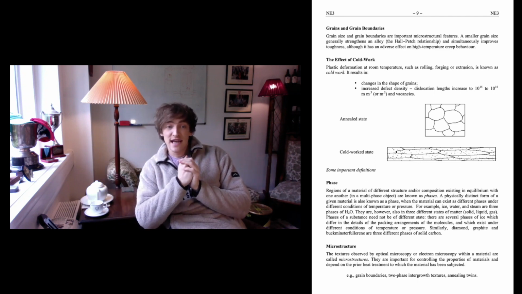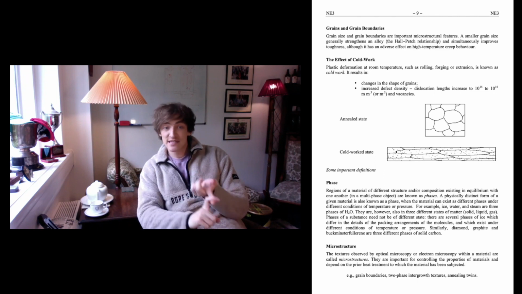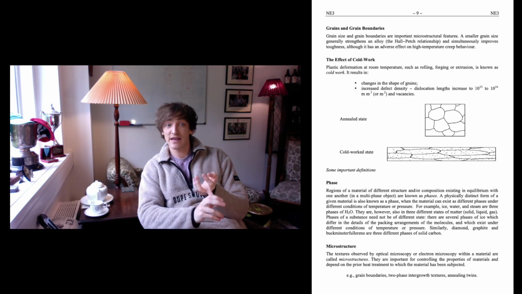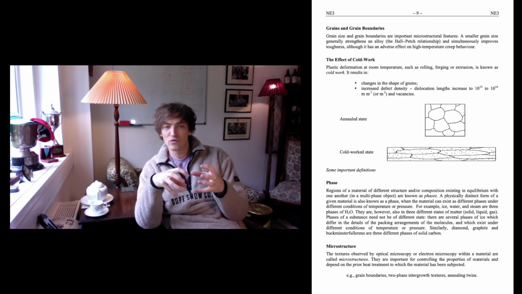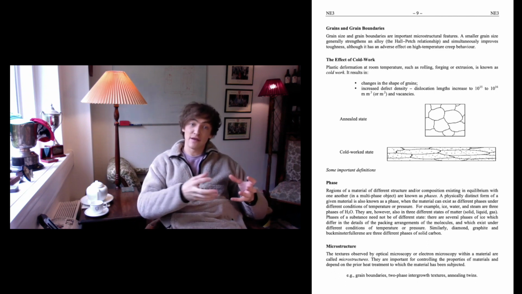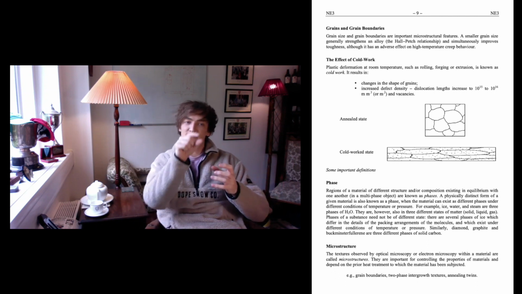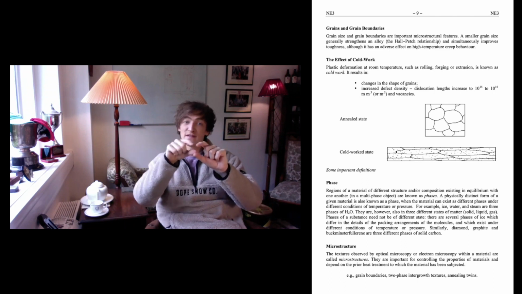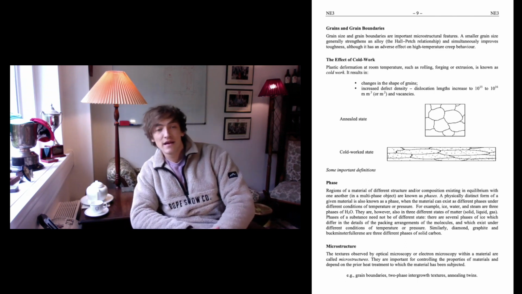And it causes grains to change in shape, increases the defect density, i.e. the number of dislocations increases, as does the number of vacancies. Vacancies are holes where atoms should be. And the number of vacancies affects how easy it is for atoms to move, to diffuse, because it's easier to jump with holes.